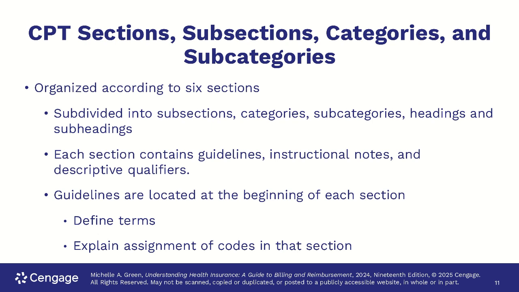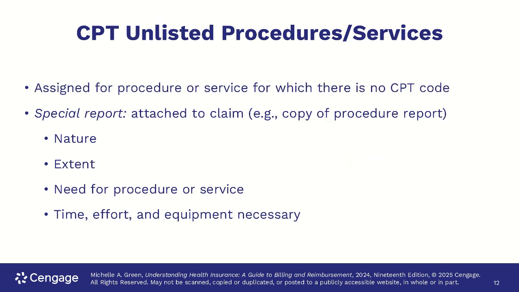Now, in addition to the guidelines, in the different subsections, you're going to find more notes, such as parenthetical notes, subsection notes, and now is the time to review this information prior to sitting for a national exam, because on the day of the exam, you don't want to be seeing something for the first time.